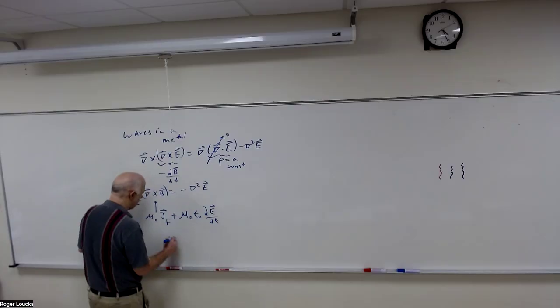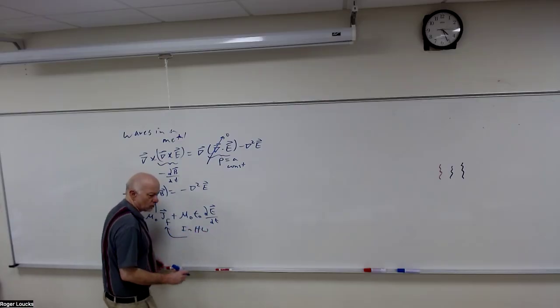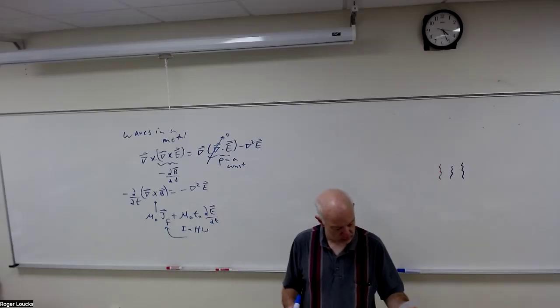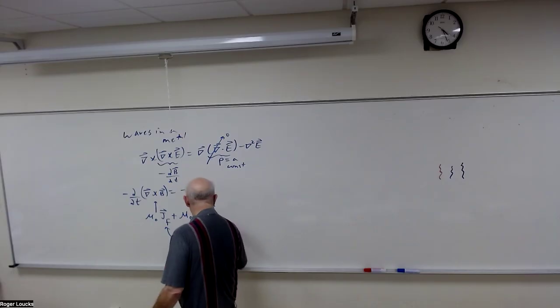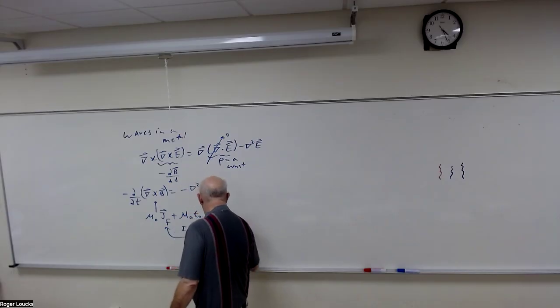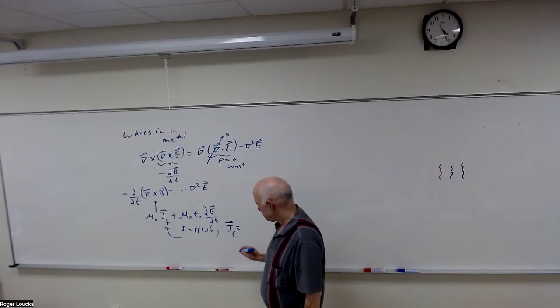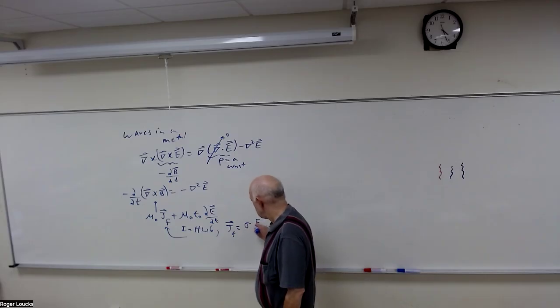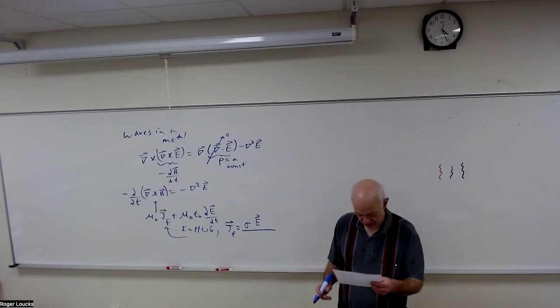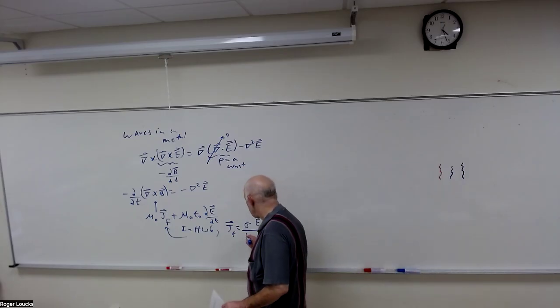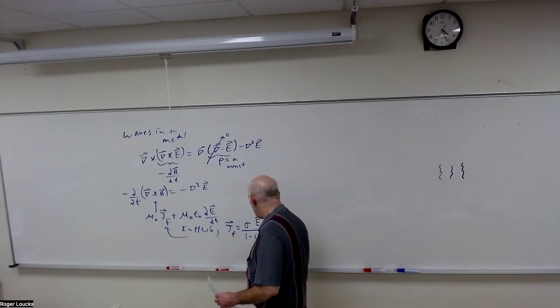And then you're going to show in homework 6 that J free is sigma E over 1 minus I omega over gamma.